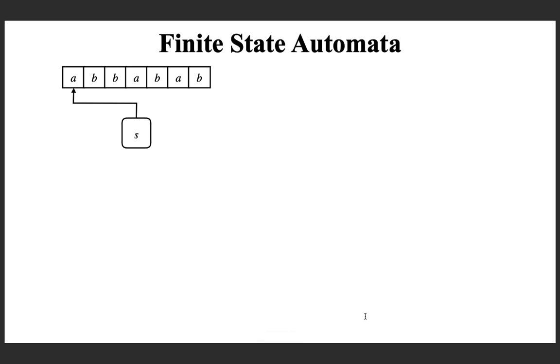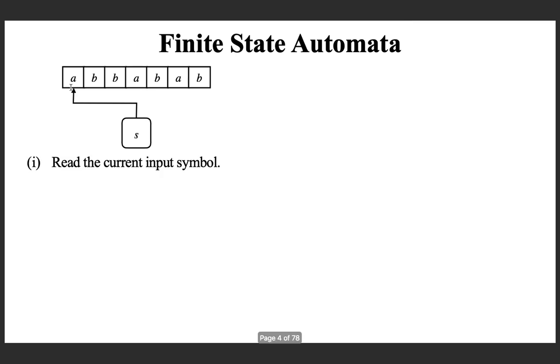If you recall, these are the basic structural units in a finite state automaton. There is a control unit with finitely many states. Given this figure, the current state is S, and there is a read head pointing to one of the input cells, which can read the next input symbol.